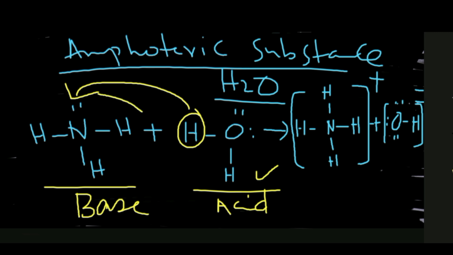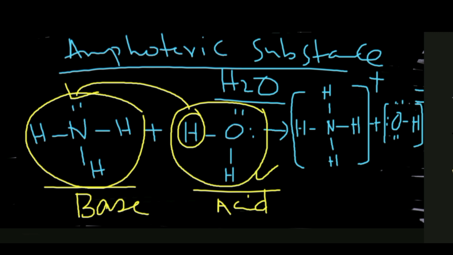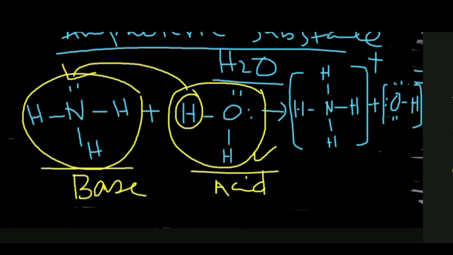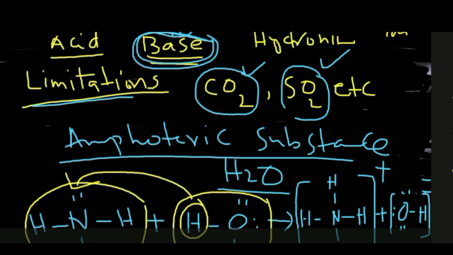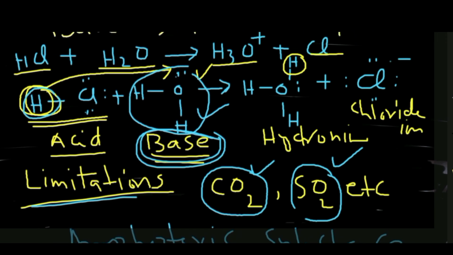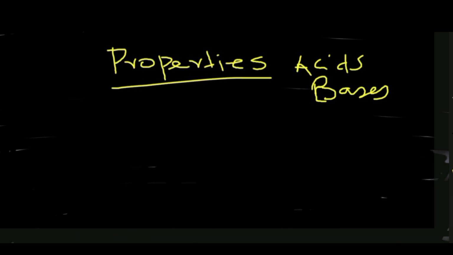So ammonia acts as a base while water acts as an acid, and water is an amphoteric substance because in the earlier example water is a base, and here it acts as an acid. Since water behaves like both acid and base, it is called an amphoteric substance.